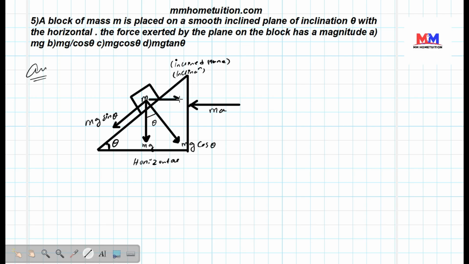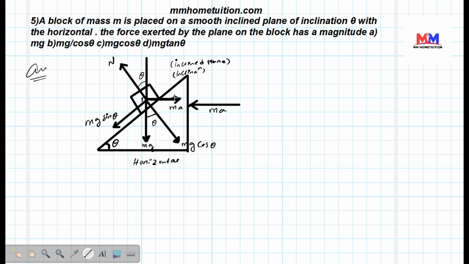The normal reaction is N. If this angle is theta, this angle is also theta. As this is m into a, this ma is to be resolved into two components.